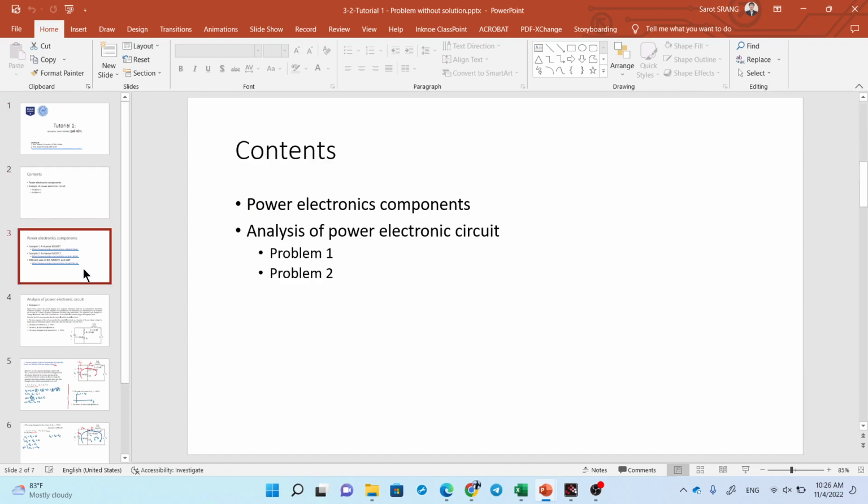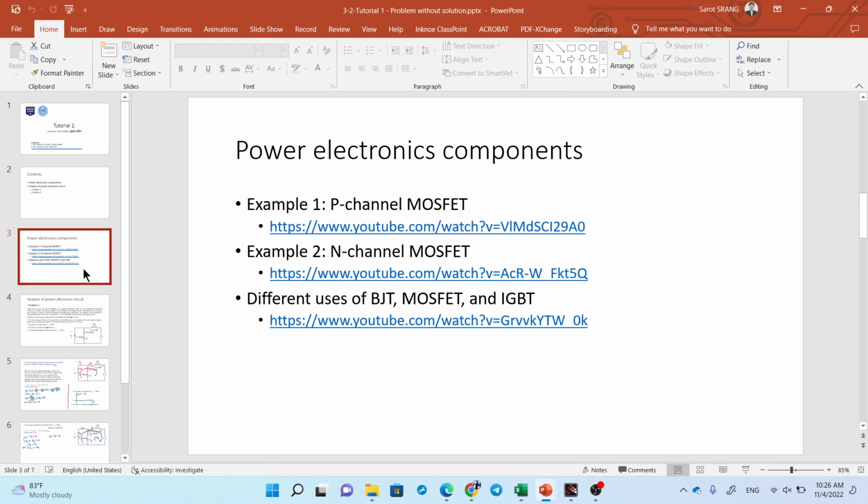The first one is about the transistor, the MOSFET, the property of the transistor, but it's not the focus of our power electronics, because in our course we assume that all these components are ideal. We can easily switch them on and off, fully on or fully off. But just in case you want to know how it really works and how to calculate it precisely, you can go to these 3 links and explore yourself.